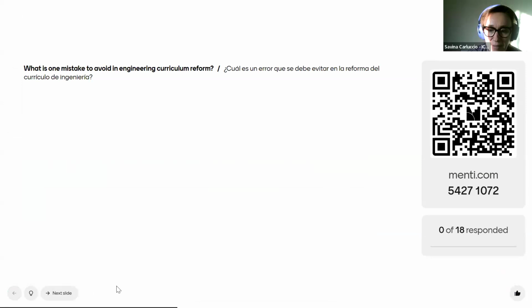So if you could please answer this question instead: what is the one mistake to avoid in engineering curriculum reform? Glenda has mentioned many possible challenges: the rigidity of the academic structure, the institutional inertia, the lack of capacity within the faculty staff, the fact that the curriculum is already quite packed, quite crowded.